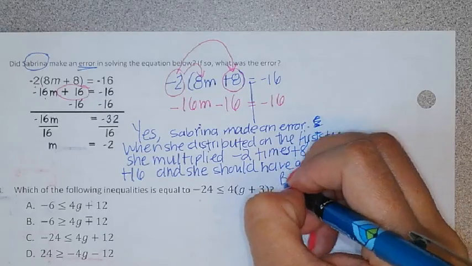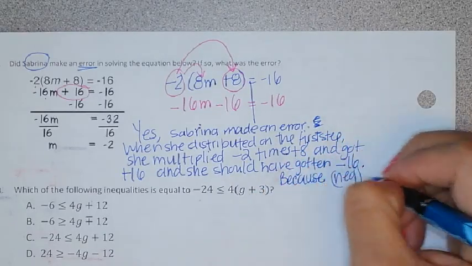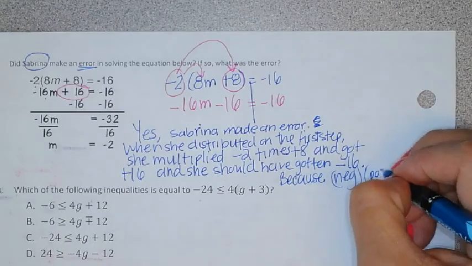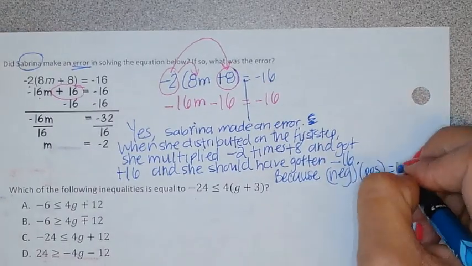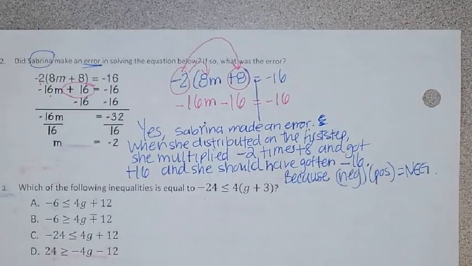Because negative times a positive equals a negative, okay? So that was number 2.